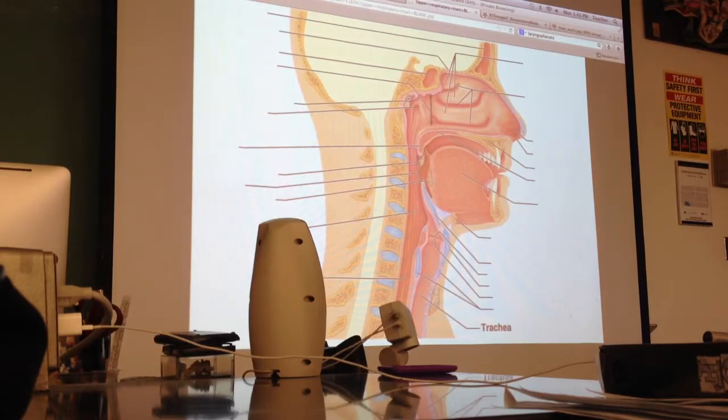Keep that in mind because there's a little bit of overlap between that and another part. But it starts up here. It's basically right past that internal nares portion, comes all the way down here to right here. So basically as soon as there's two tubes, that's where it's no longer the pharynx. When it's just one tube, the one tube is the pharynx. All right, that's the best way to decipher it.